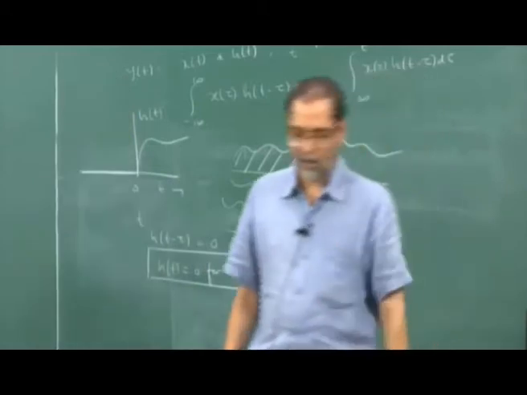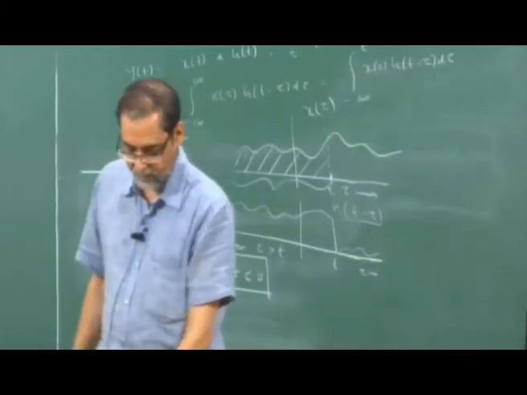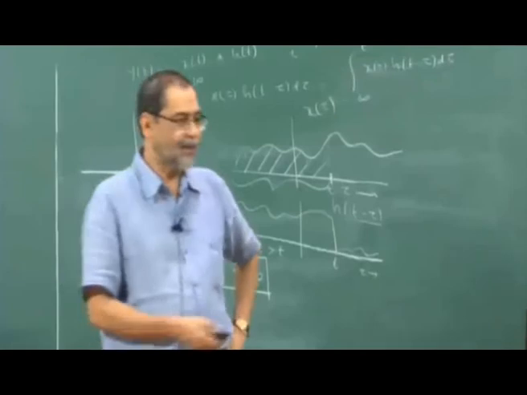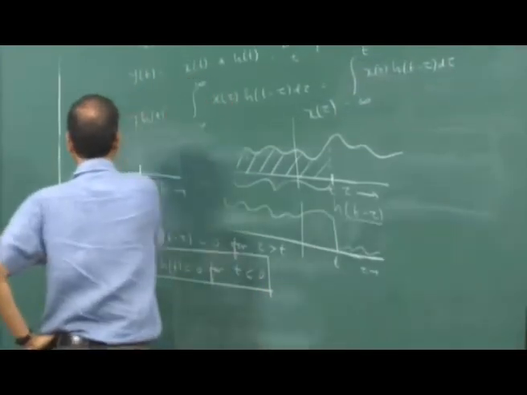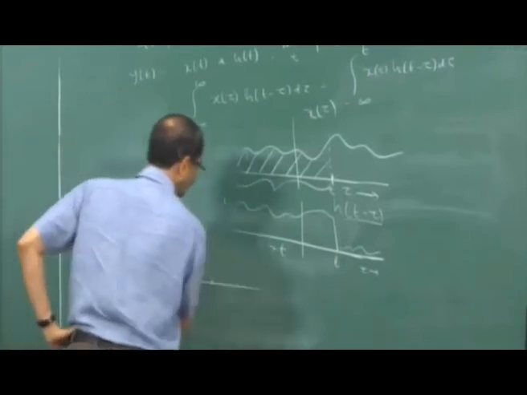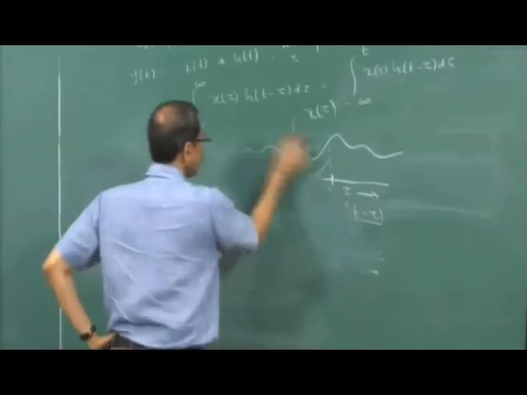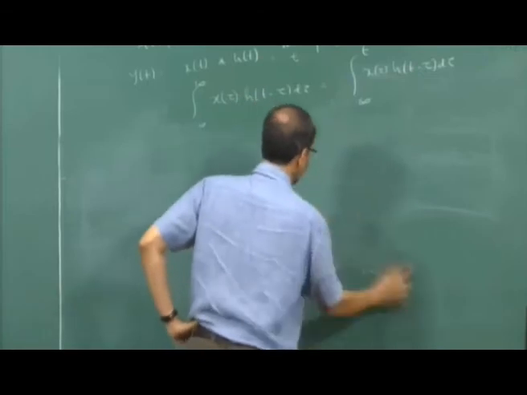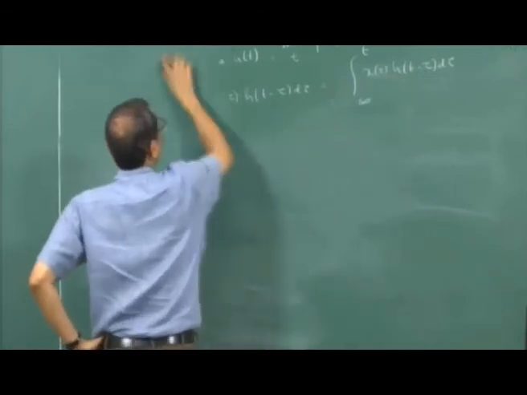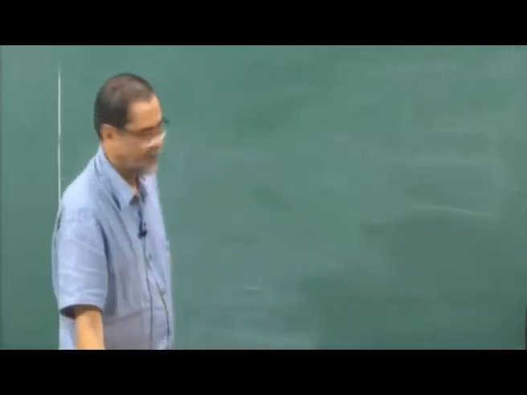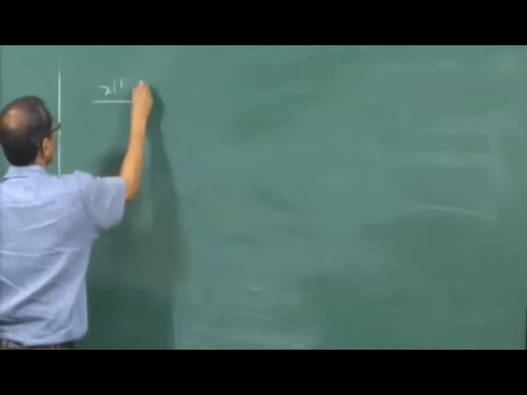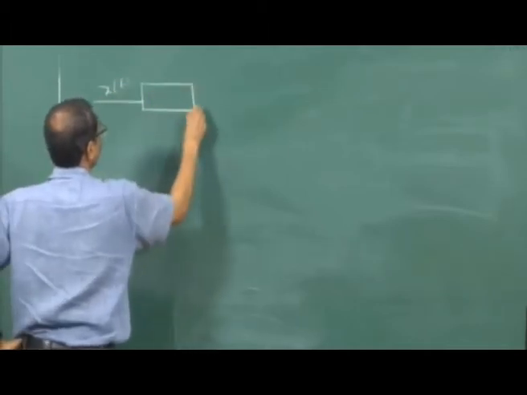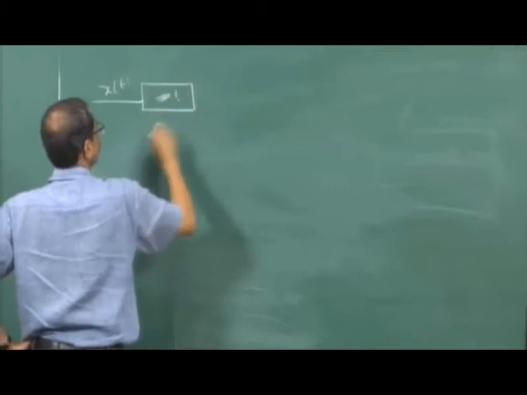So one more result, and then we are ready to take another break. It is now possible that we interconnect many systems, one after the other. Any practical system is not just one system. There will be many filters one after the other. So my x goes into one system, let me call it h1, that's my system 1.